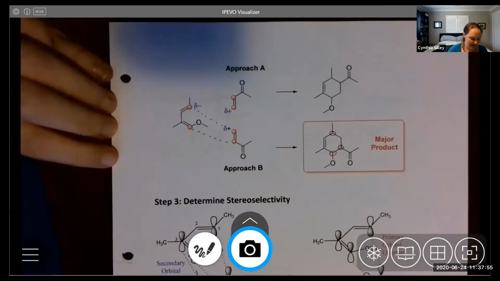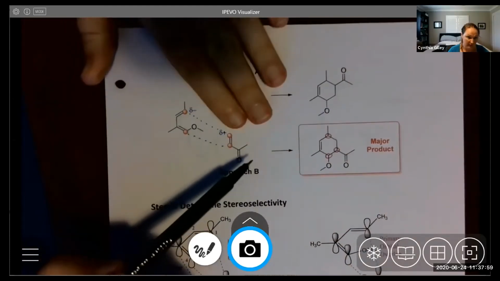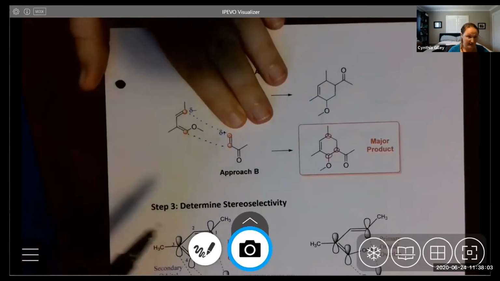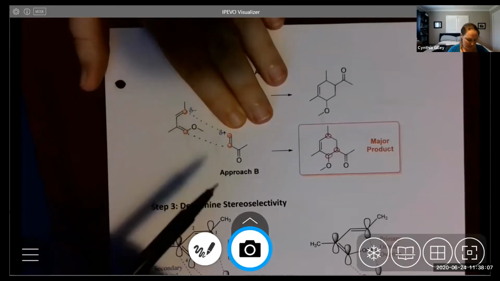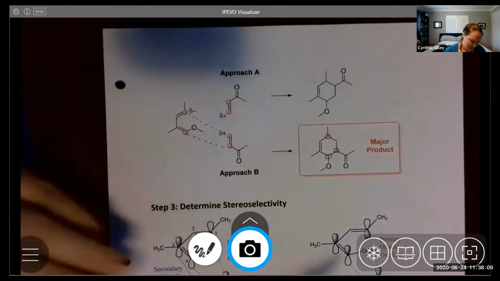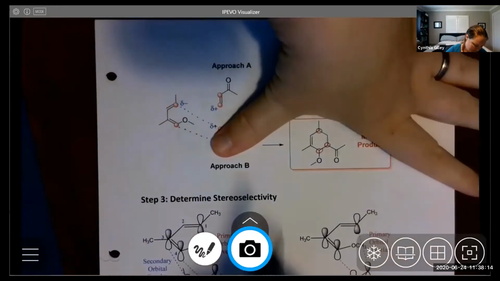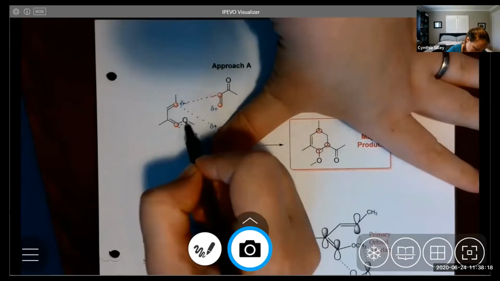Okay, so it is because when you flip it over, then the delta positive is here, the delta negative is here, and they're aligned. If I had thought about the original way, without flipping it over, it would be these two, and I would be trying to align here and here.